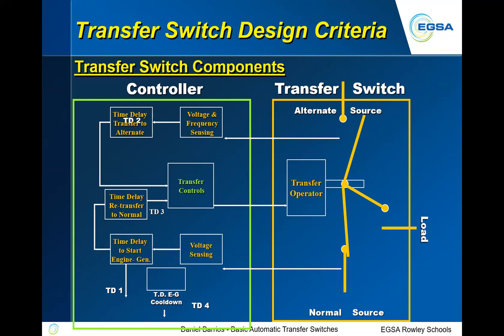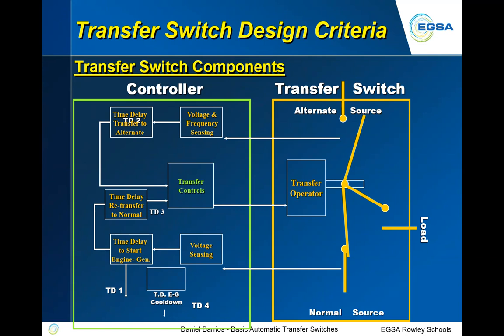Generator sets will ramp up tremendously quickly, and they will re-energize the power within 7 to 8 to 9 seconds or so, re-energizing the life safety. Your emergency and your criticals can be energized after that 10-second rule.